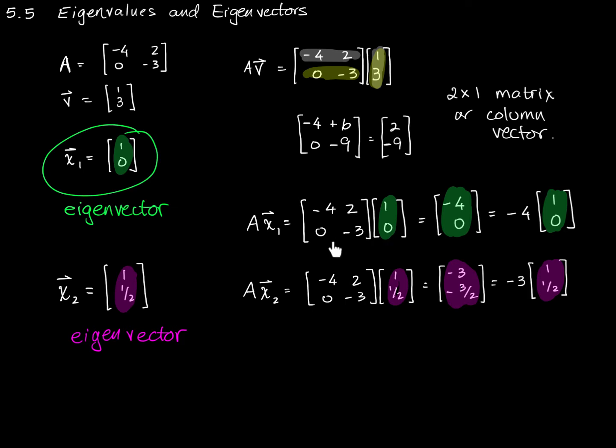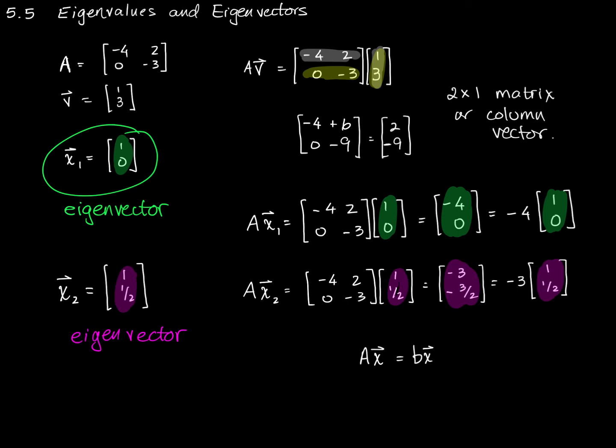But the particular combination of a matrix times a column matrix, or a vector, which produces a scalar multiple of that vector, the vector you used for multiplication is called an eigenvector. The notation we're going to use here is to say that if I take a matrix A and multiply it by a vector, and the result is just a scalar multiple of that vector, I'll call it, I don't know, B for now.